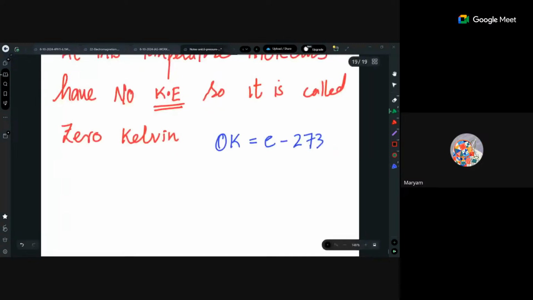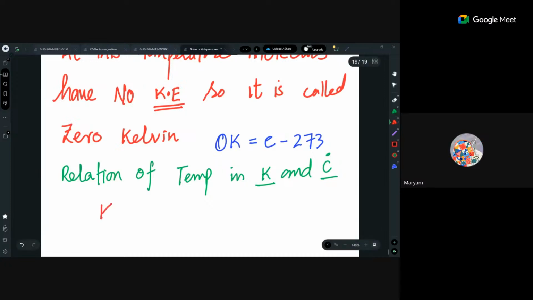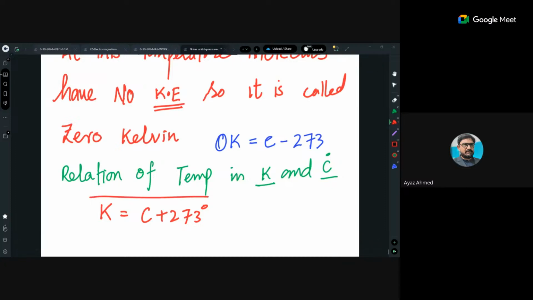So from here, you can simply make a relation of temperature in Kelvin and centigrade. This is in your syllabus, that temperature in Kelvin is equal to C plus 273 degrees. For example, you have to recall it. No need to derive it.